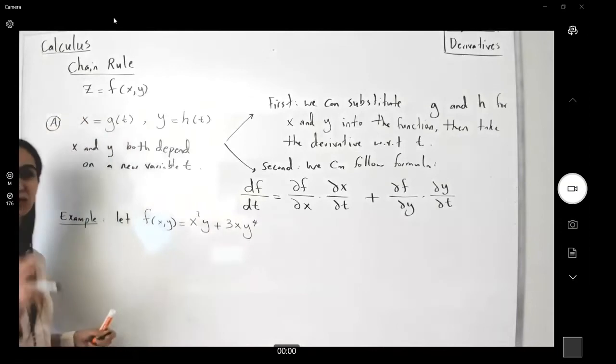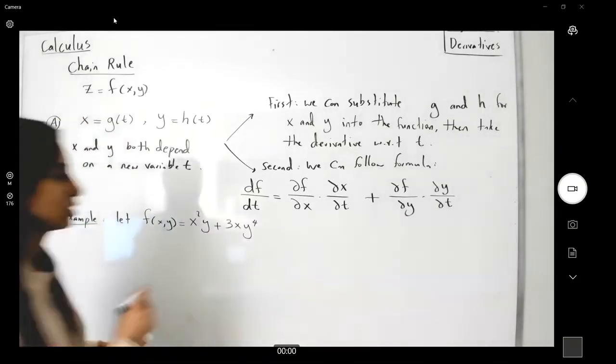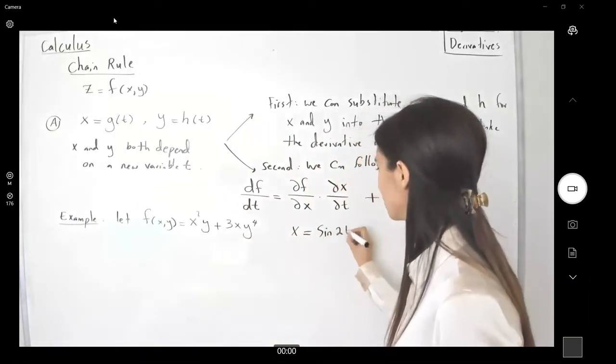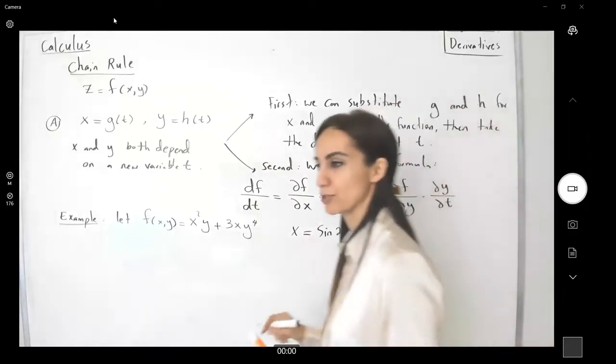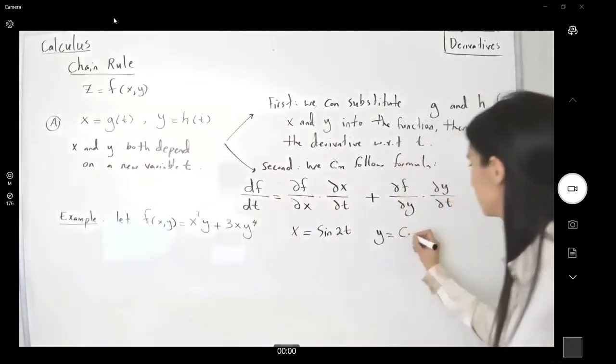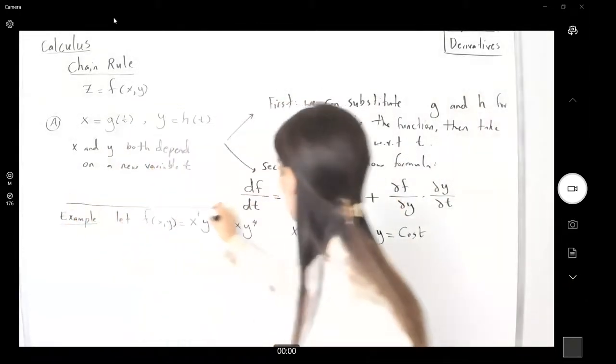So you have a function in two variables. And x is equal to sine 2t, and your y is equal to cosine t. This is our example.